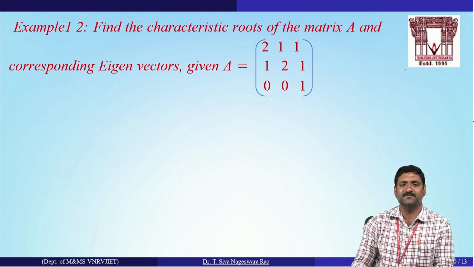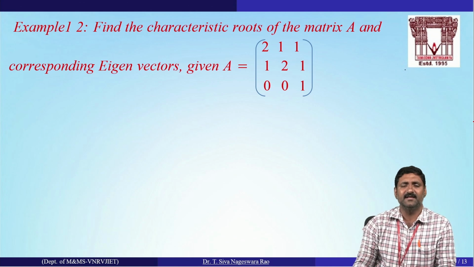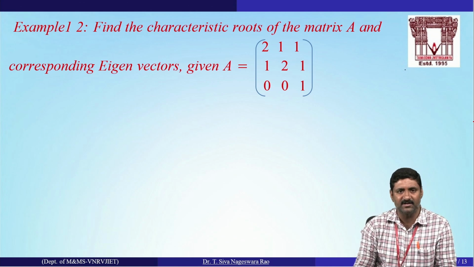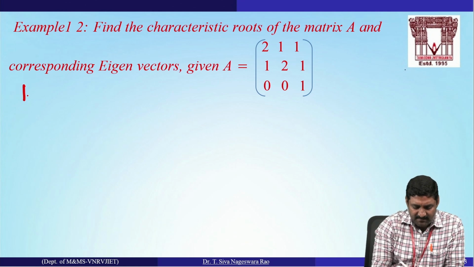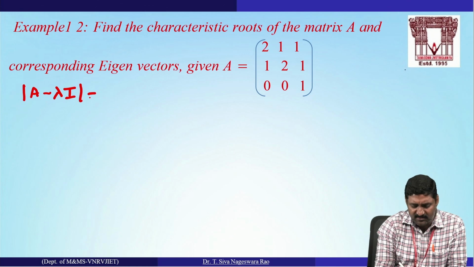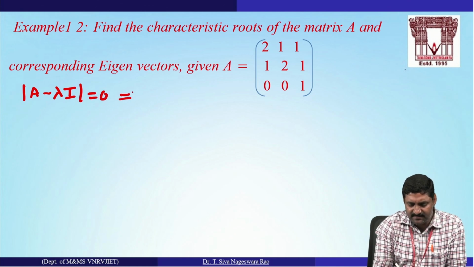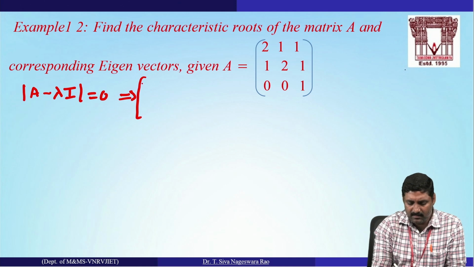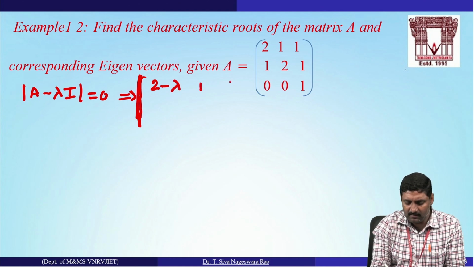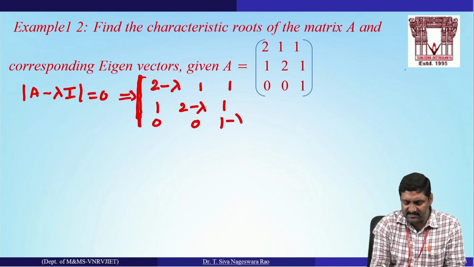Like in the previous class, first we write the characteristic equation, that is, the determinant of the characteristic matrix equal to 0. That is, determinant of A minus lambda I is equal to 0, which implies the determinant of 2 minus lambda, 1, 1; 1, 2 minus lambda, 1; 0, 0, 1 minus lambda equals 0.